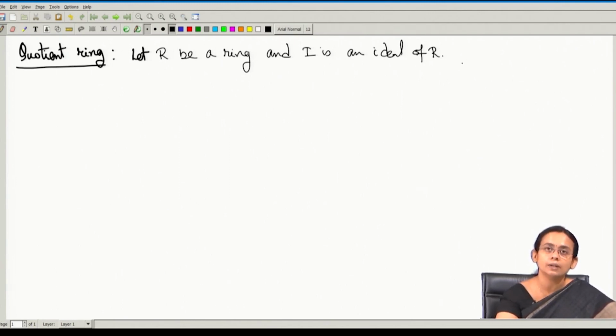It is in fact an abelian group, so this subgroup is abelian. So, I can talk about the set of left cosets, and this set of left cosets already has a group structure that we know from group theory.